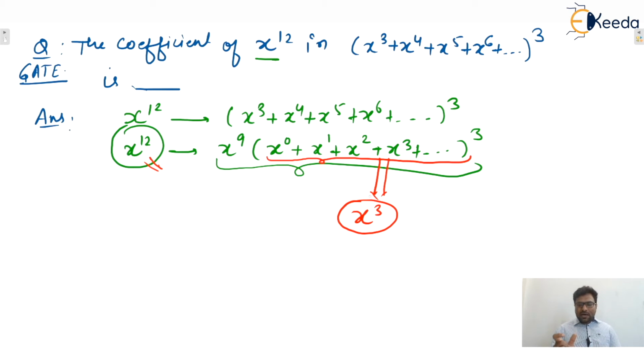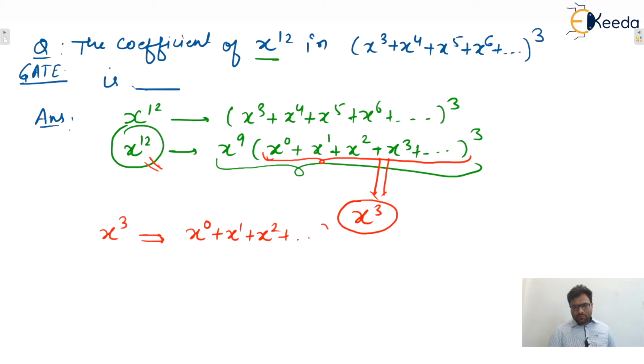So whatever the coefficient of x cube in this smaller underlined expression is, that will ultimately be the coefficient of x power 12. So now our problem is reduced a little bit. Otherwise you can do it in the usual manner, no problem at all. Now we need to find the coefficient of x power 3 in this expression.